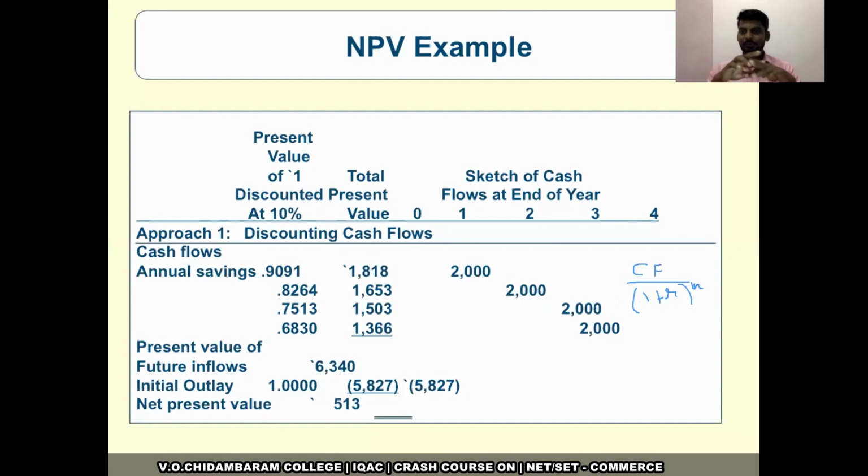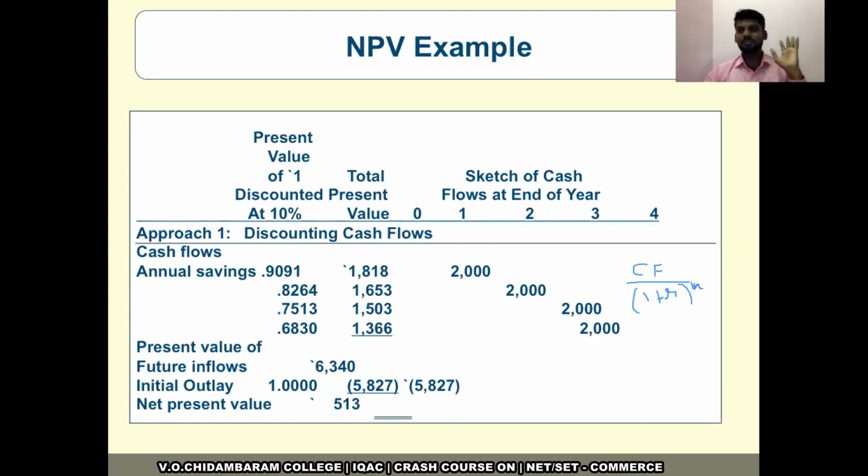The future cash flow, as we said, is 2,000 rupees: first year 2,000, second year 2,000, third year 2,000, and fourth year 2,000. It's a simple formula that you can calculate, and sometimes present value and future value questions will appear. R just means the rate of return, the expected or minimum desired rate of return.